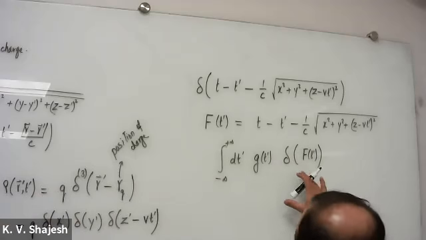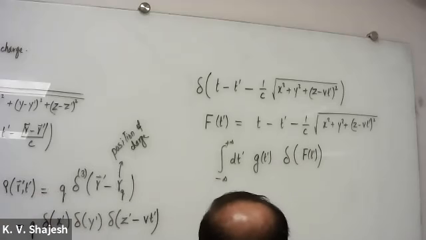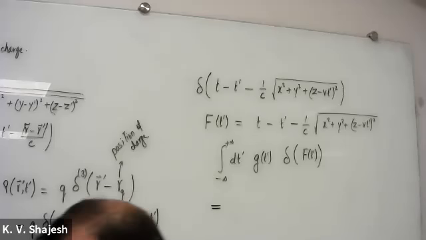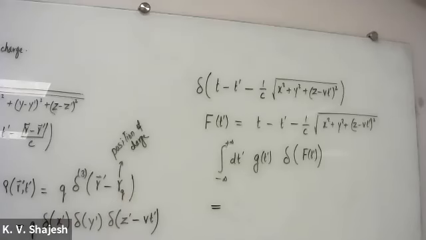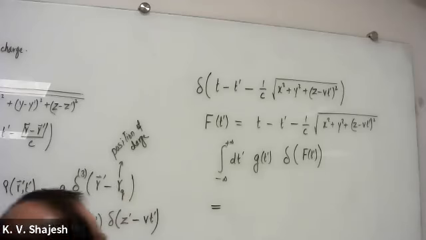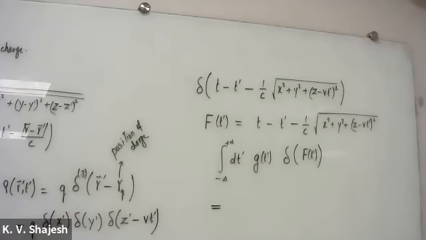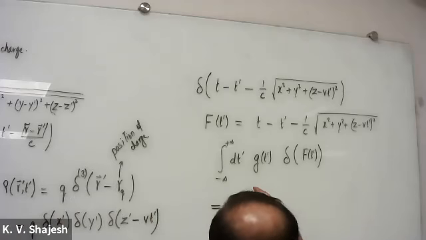And how you do this is, so this is an identity I am giving. This can be proved, but the proof does depend on the geometric picture or geometric analysis of how a delta function works. But without going into those details, I'll give you the identity.